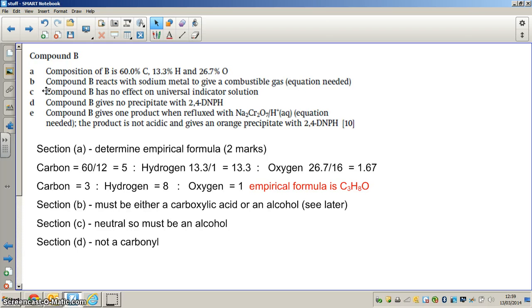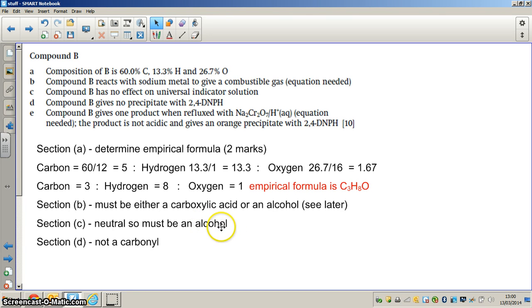and D together. So section C tells us it doesn't give any effect with universal indicator solution, so it's obviously not an acid. So it must be an alcohol, because in section B we've said it's a carboxylic acid or an alcohol. In section C we know that it's now neutral, so it must be an alcohol.